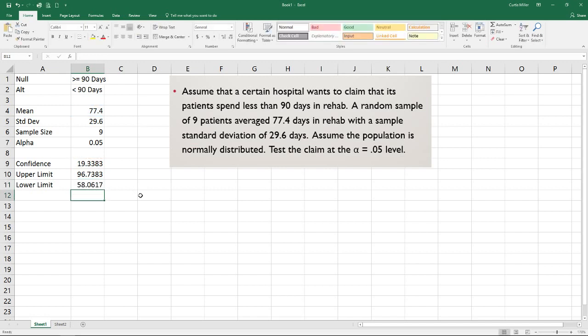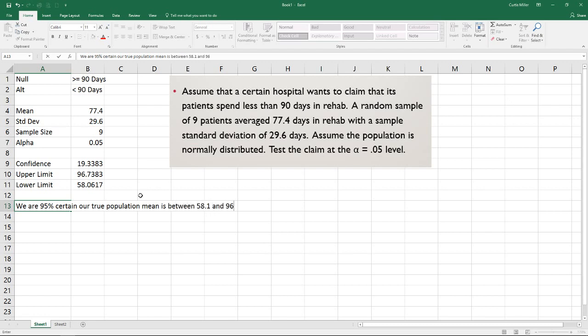So here we've got our range that is a mean plus or minus our confidence, which gives us our confidence interval. So from this information, we can make the statement that we are 95% certain our true population mean is between 58.1 and 96.7.